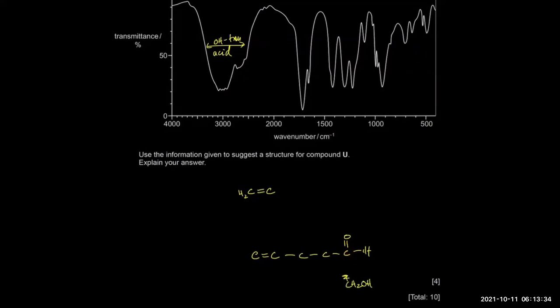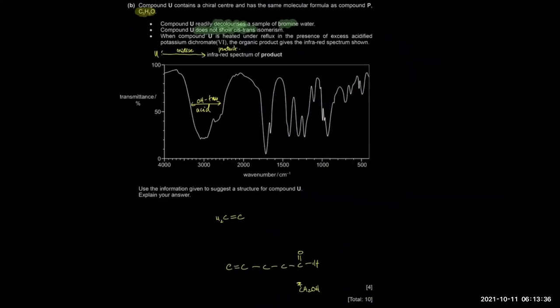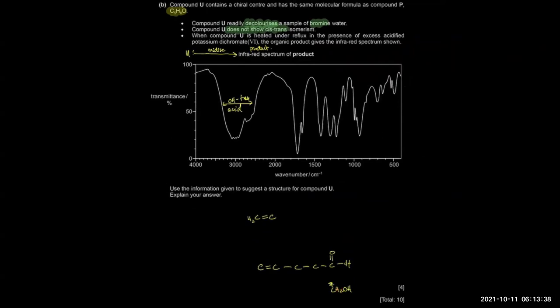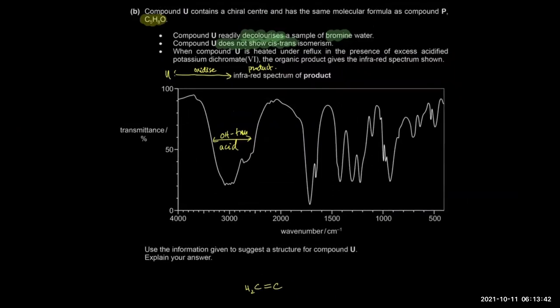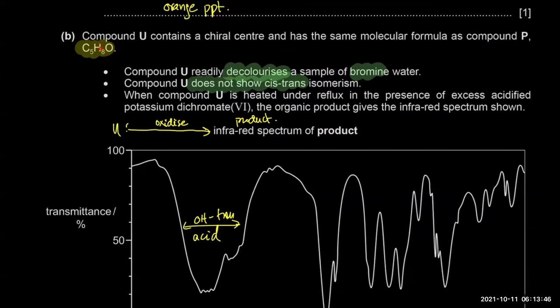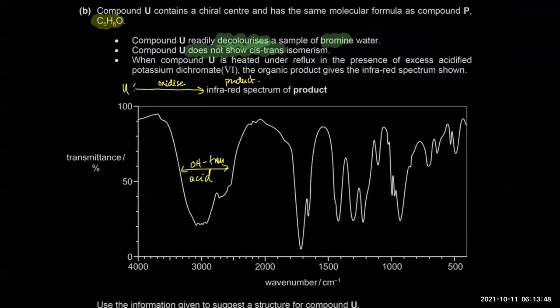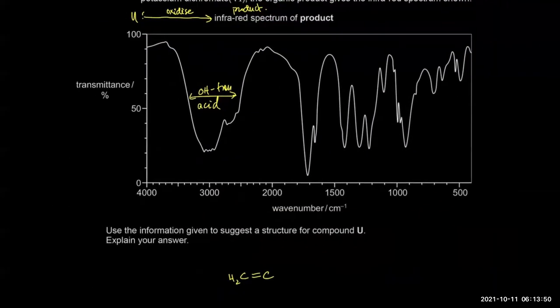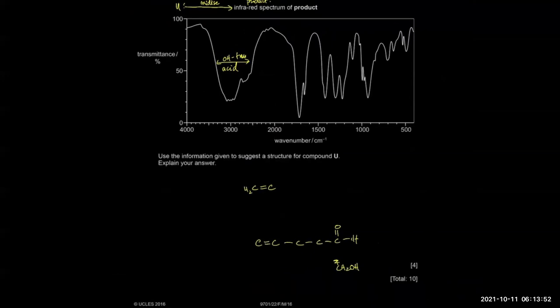Now, can I say that it must be an aldehyde? Why can I say it must be an aldehyde? Because the hydrogen atoms are very few. Let me rephrase this question.